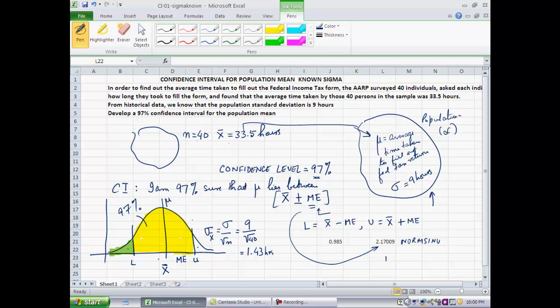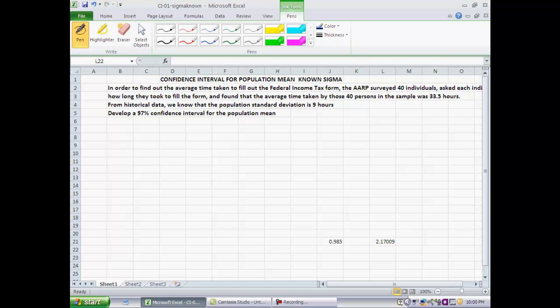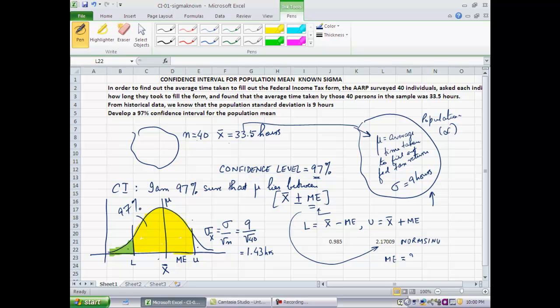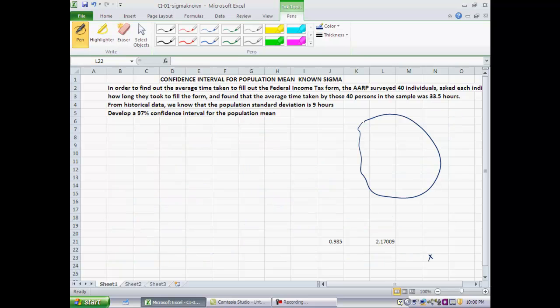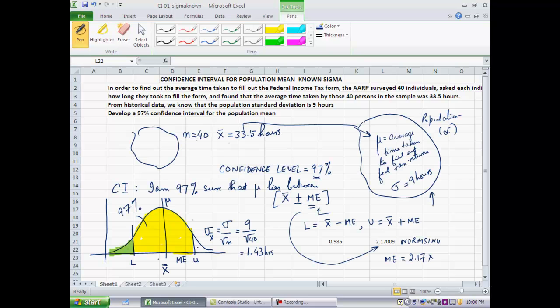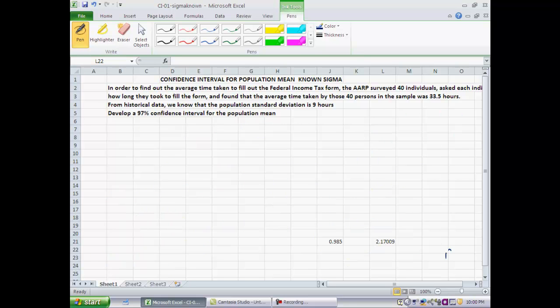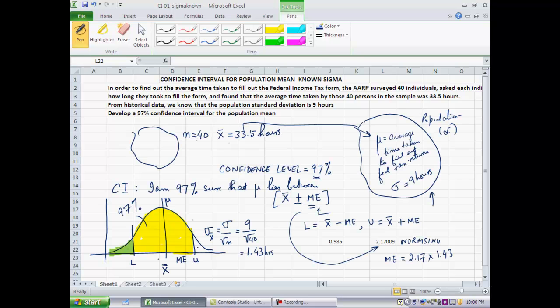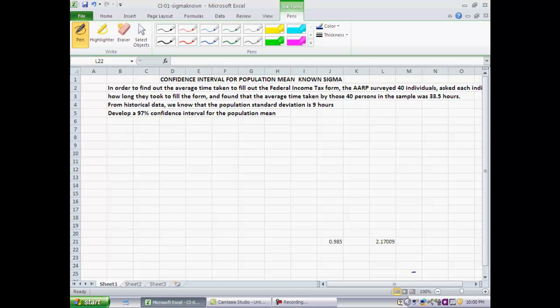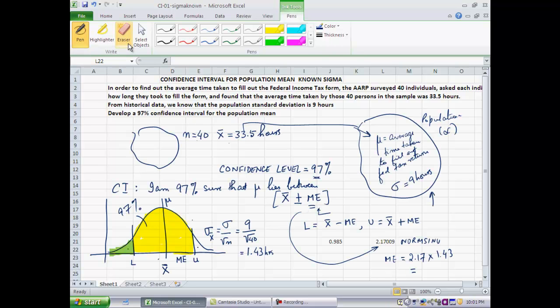But I know that one standard deviation is 1.43 hours. So my margin of error in hours is simply equal to 2.17 multiplied by whatever that one standard deviation was, 1.43. Let's do the computation over here.